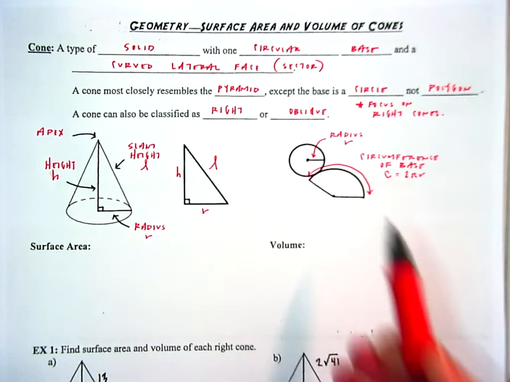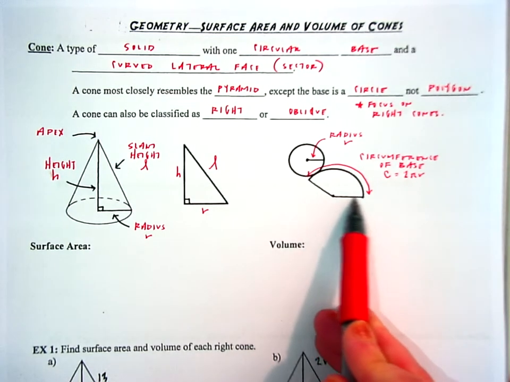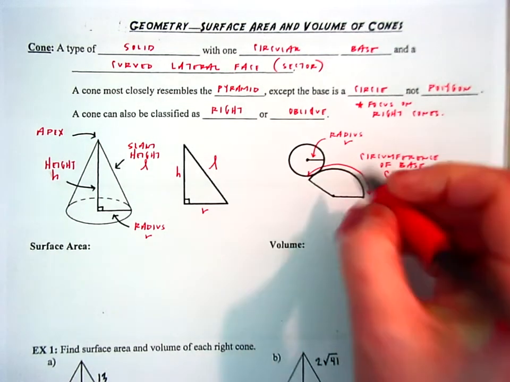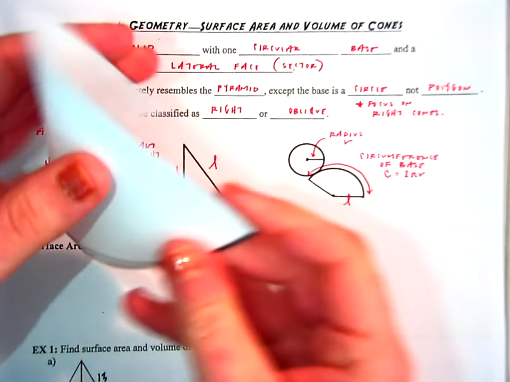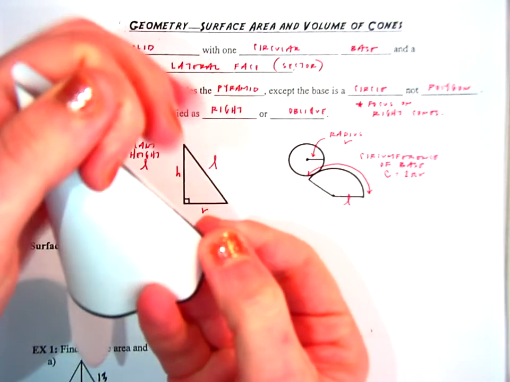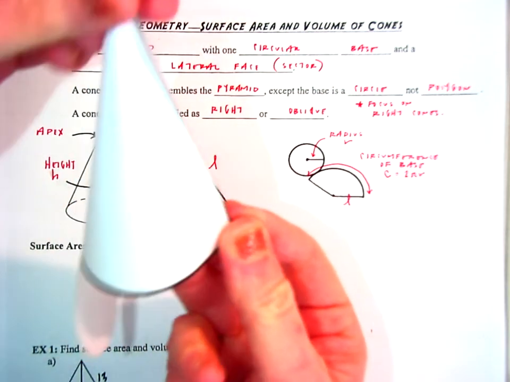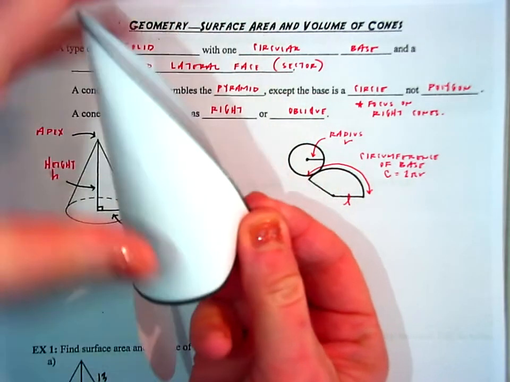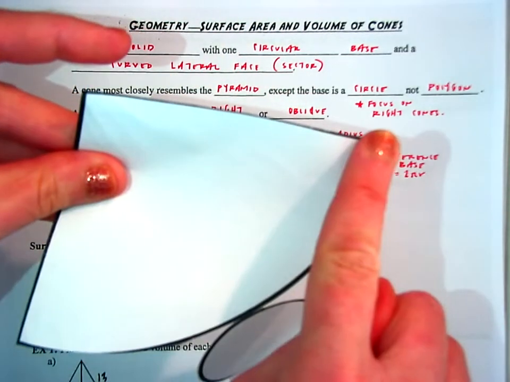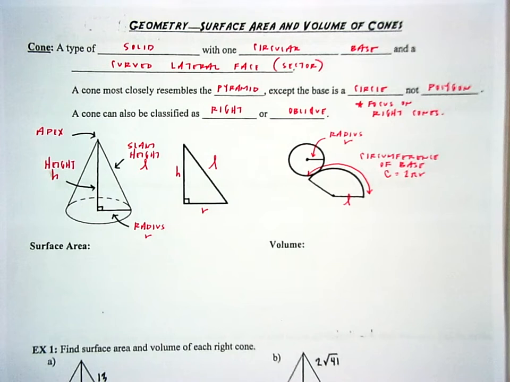And then this part right there, that's the slant height. So again, if I go back to my net and I fold it together like that, I can see that, oh yes, that is my slant height right here. So when I unfold it, that is my slant height right there.